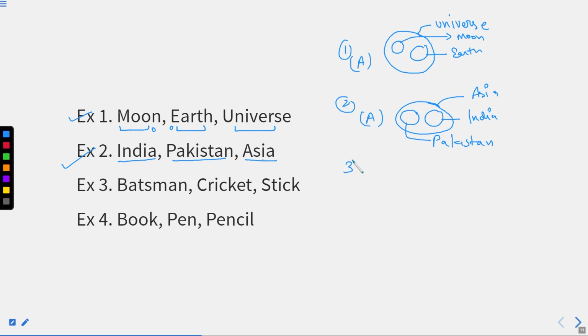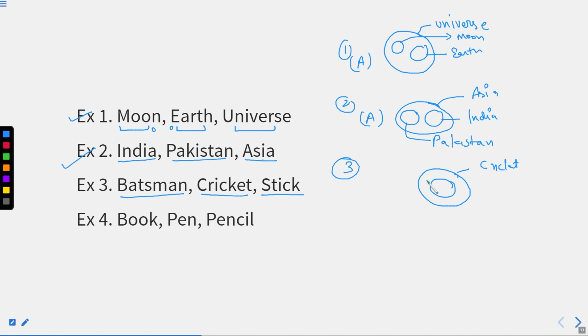Okay. Now, question number 3, what does it say? Batsman, a cricket and a stick. If I click, this is represented by cricket. Batsman plays cricket itself.